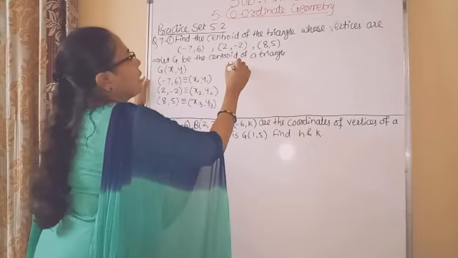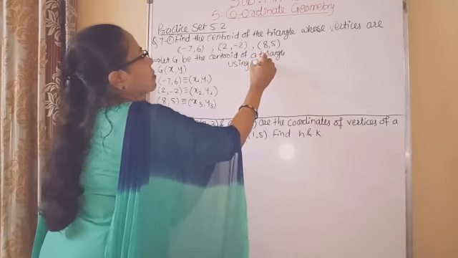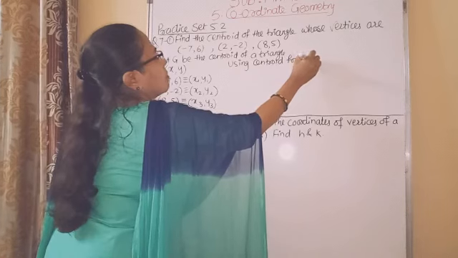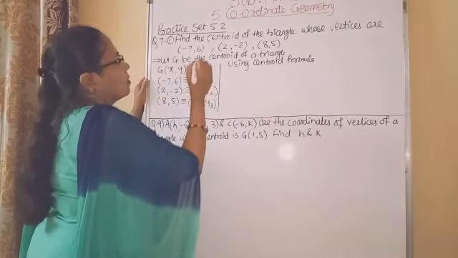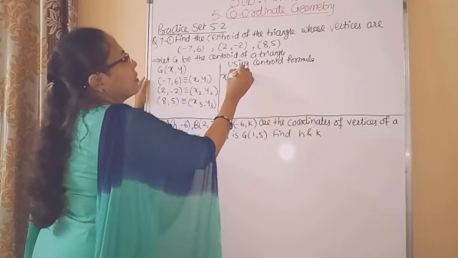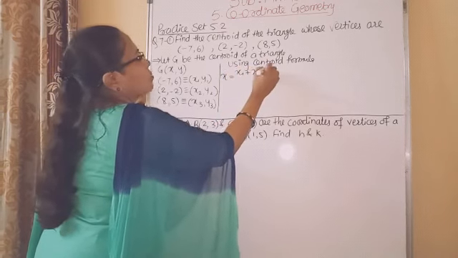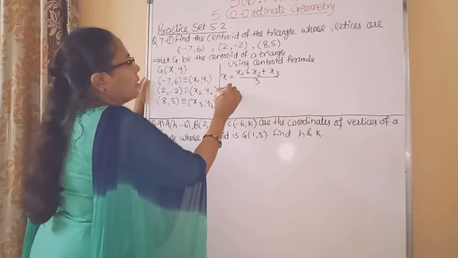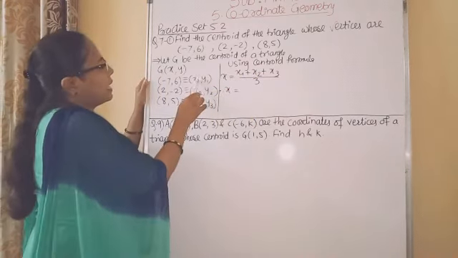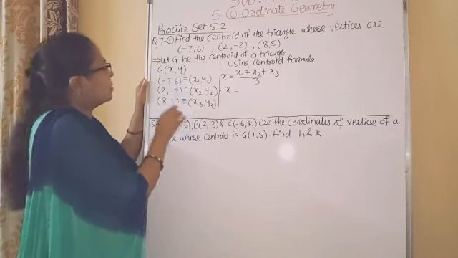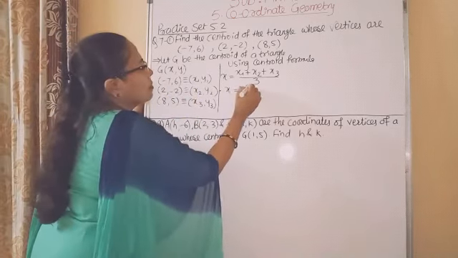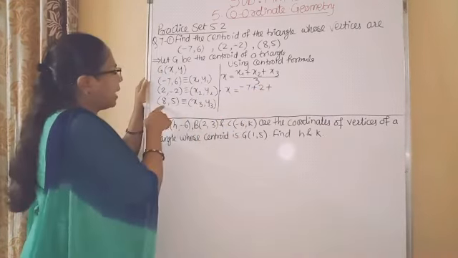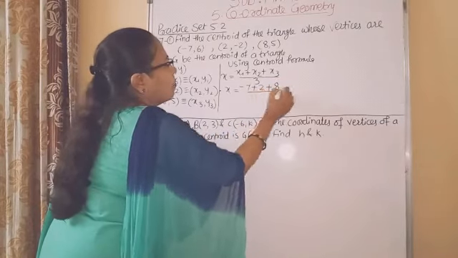So using the centroid formula, the x coordinate is (x1 plus x2 plus x3) upon 3. Therefore, x is equal to, see, x1 plus x2 plus x3 means -7 plus 2 plus 8 upon 3.